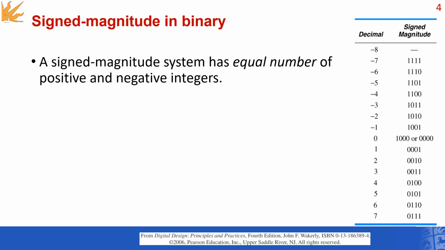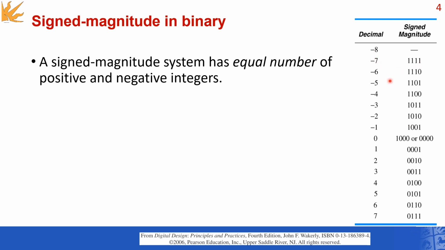Now let us check out this example over here. You see a series of decimal numbers from -7 up to 7, and then you see how we represent them in the binary system using a signed magnitude. So a signed magnitude system has an equal number of positive and negative integers. In this example, please ignore -8 and focus on what we got over here.